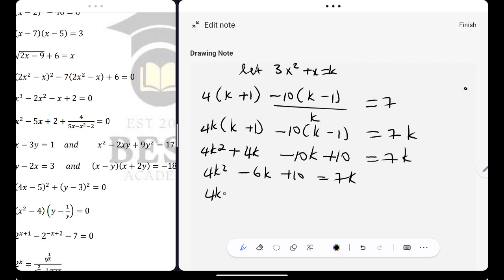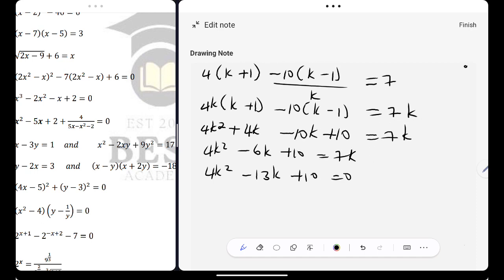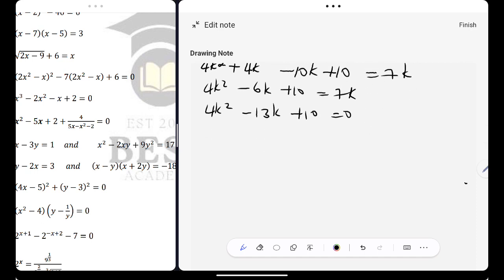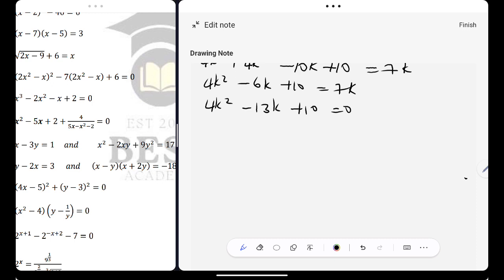Now I must put everything in standard form. I'll have 4k squared minus 13k plus 10 is 0. I must check for factors. That's when I add will give me 13, and I must check for factors for both 4 and 10. Let's start with 2 and 2, and 5 and 2 here.